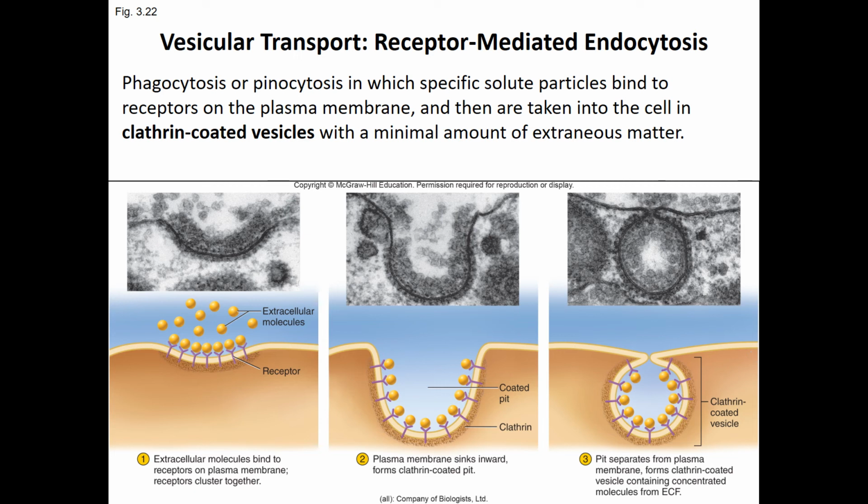So if a cell is trying to respond to something like an immune cell or some kind of signaling protein, it can make sure that that's built up in a certain quantity and that that's brought in at a certain time. However, we find that viruses, for example, like those associated with a cold sore, can actually look like one of the extracellular molecules made by your body and trick the body into facilitating receptor-mediated endocytosis.